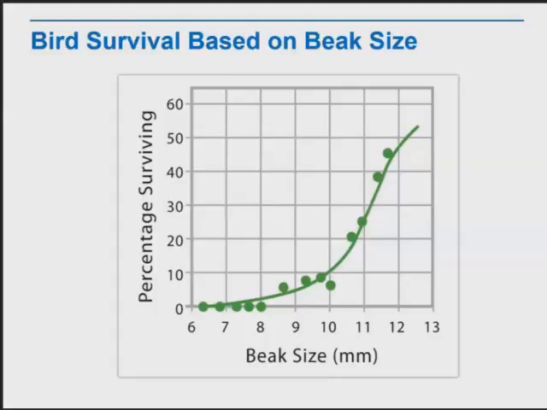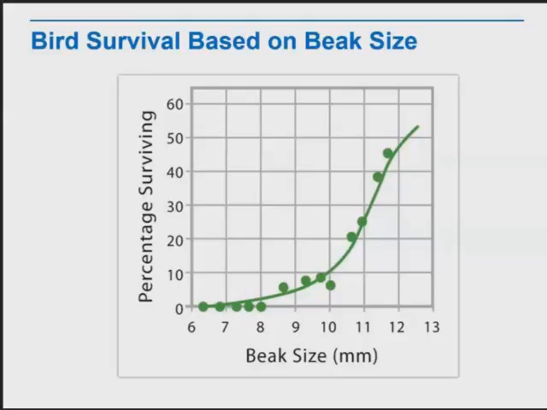This work shows that individual variation causes differential reproductive success during times when environmental resources are limiting. Not only have the Grants documented natural selection in nature, but their data also confirm that the effect of natural selection on a population is related to the existence of inherited variation.